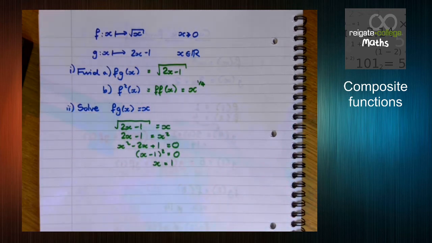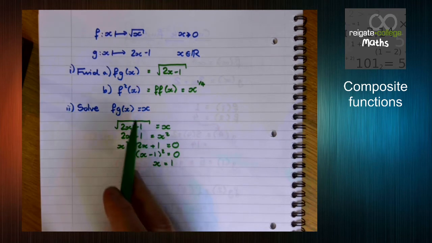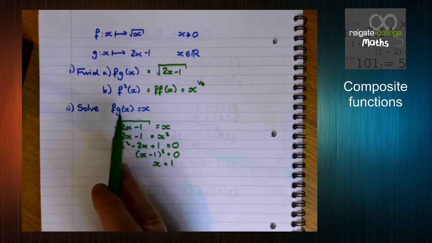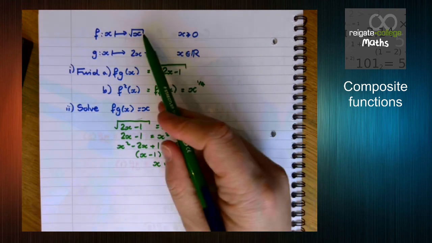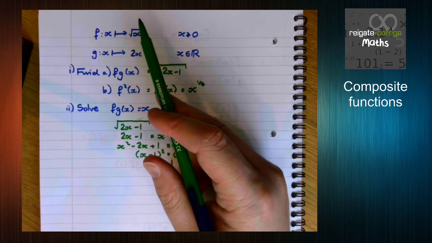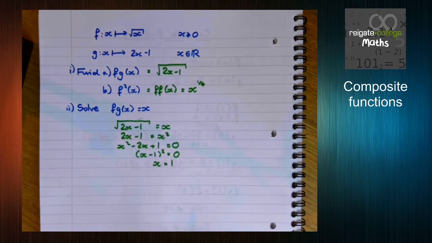Now we do need to check that it works for the domain of this function. When x is 1 here, we get 1 as our answer, which we can put into this. So that's something a little iffy that you might have to check with these questions, but on the whole, not really.